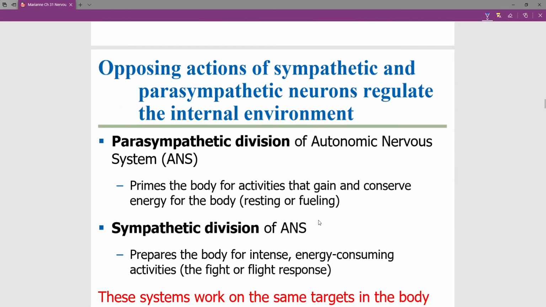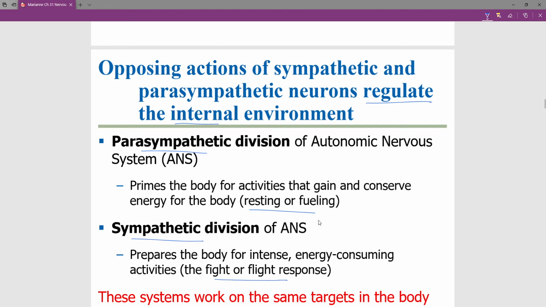The actions of the sympathetic and the parasympathetic neurons are basically opposing, and they really do help regulate the internal environment. So it's usually, like I say, this balance, and it shifts as need be for your body. The parasympathetic is the rest and digest, or resting or fueling, whereas the sympathetic is the fight or flight response.